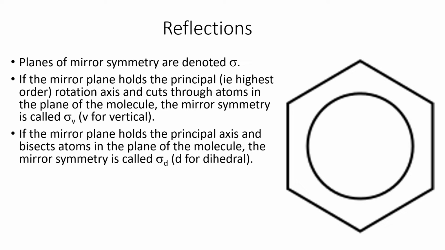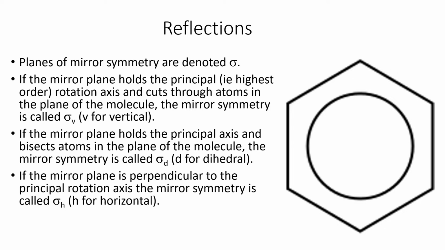These ones tend to be called sigma D in their notation, D for dihedral. And the other type of mirror plane we can have is the one which is in the plane of the molecule itself. So that would be perpendicular to the principal rotation axis. Any planar molecule trivially will have this sigma H, this horizontal mirror plane.